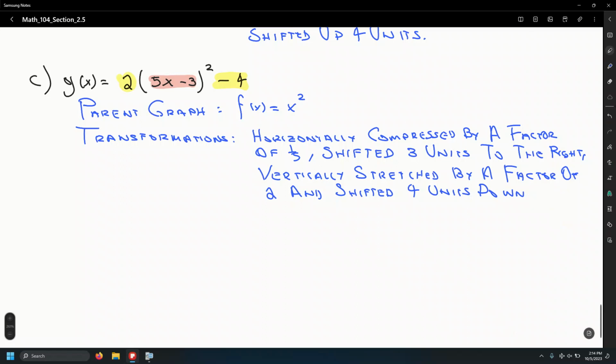Letter D, that'll be h of x equals negative 1/3 square root of negative 1/7 x plus 4, and then plus 5. There you go, all yours.